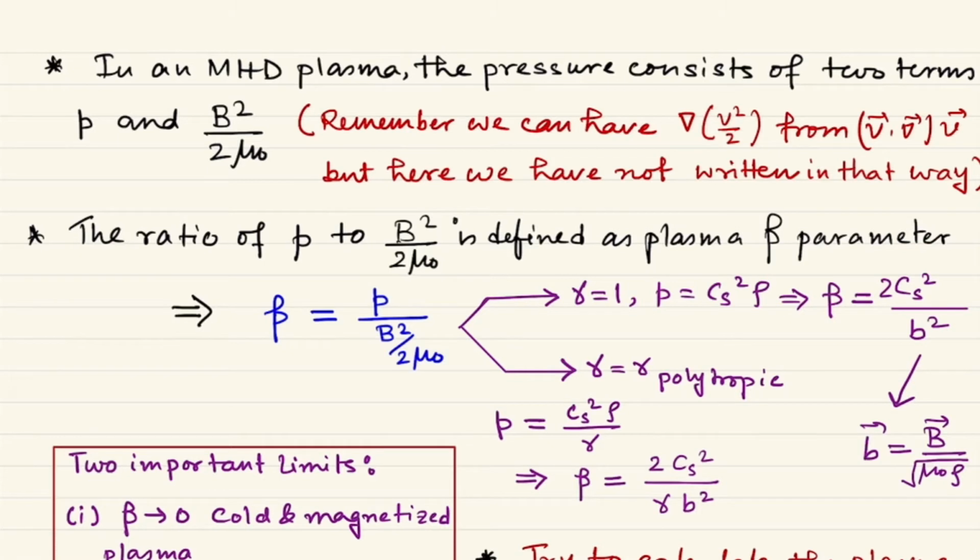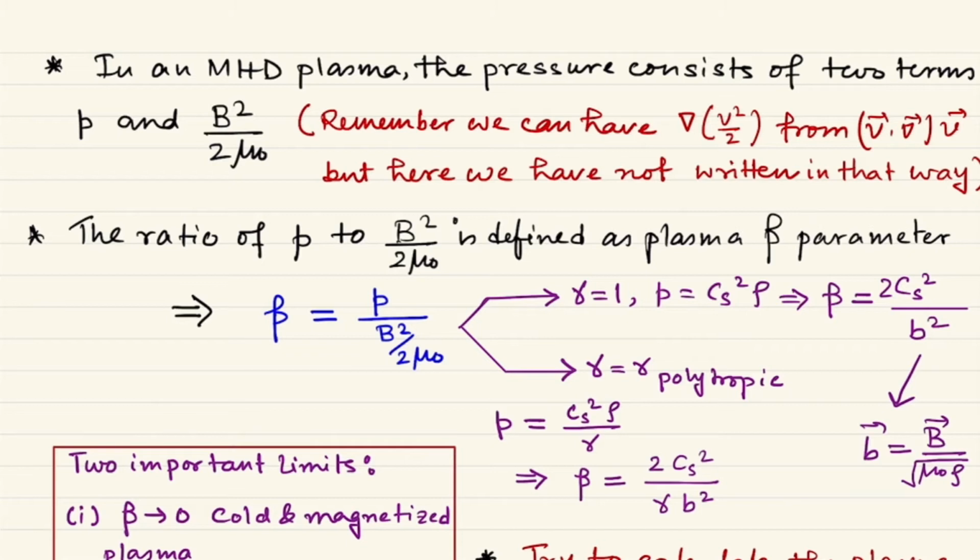This b is a magnetic field normalized to a velocity. Just check that if B is divided by root over mu 0 rho, it gets the dimension of a velocity. So this one we just call small b, and our beta parameter will simply be equal to 2 Cs square by b square.